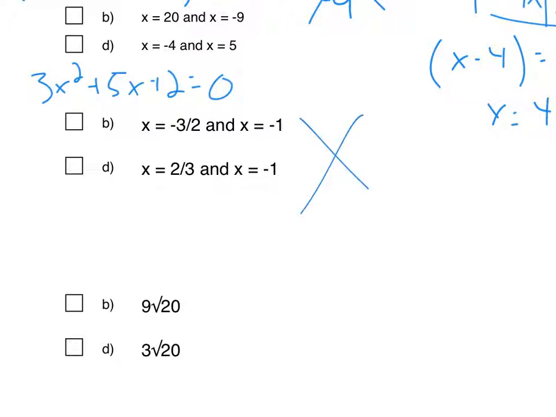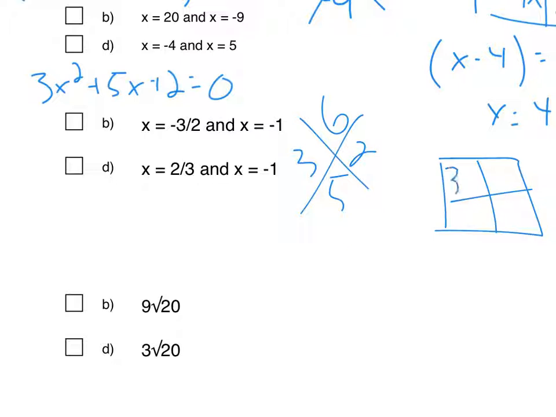So we get 6 and 5. That is 3 and 2. Do our box. We get 3x squared, plus 2, 3x, and 2x.